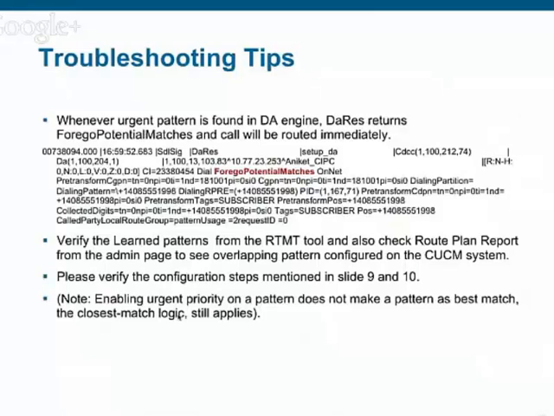Like the earlier urgent priority, we still print the same lines in the traces for forgo potential matches, but without going deep, we should be able to figure out easily that this particular forgo potential match was because of a SAF learned CCD pattern and not because of a directory number urgent priority pattern.